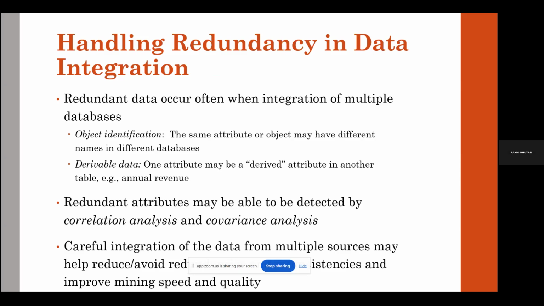For example, in table A there is an ID and monthly salary, customer ID and salary. So the ID is, let's say, 1 and the salary is 20,000.